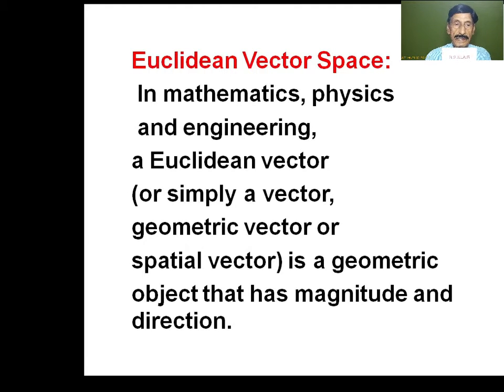Euclidean vector space. In mathematics, physics, and engineering, a Euclidean vector, also known simply as a vector, geometric vector, or spatial vector, is a geometric object that has magnitude and direction.